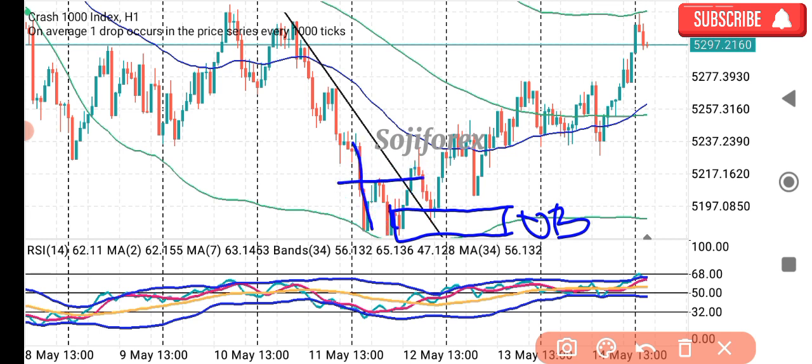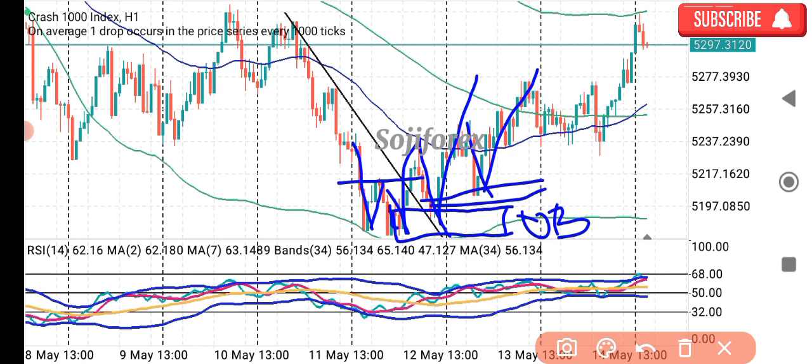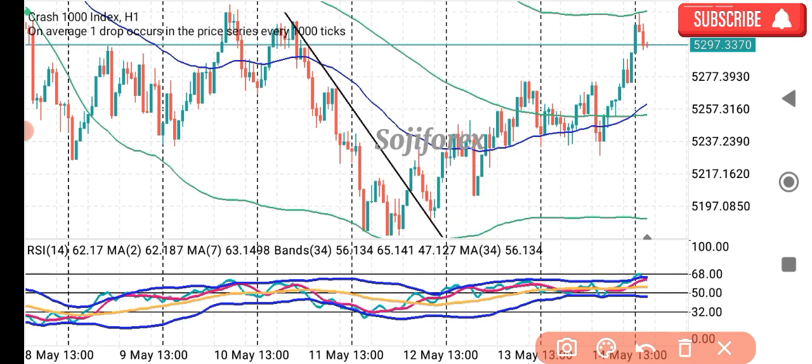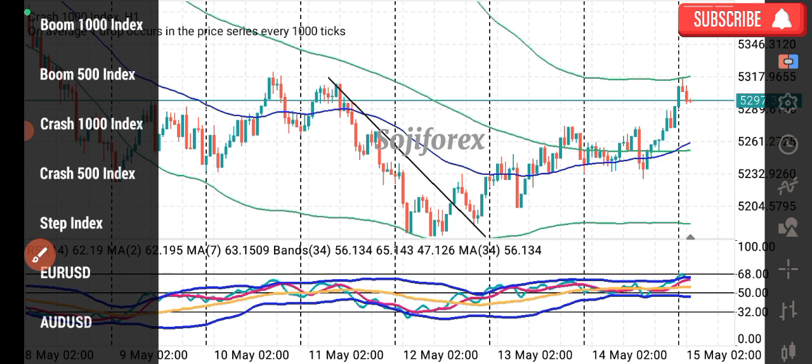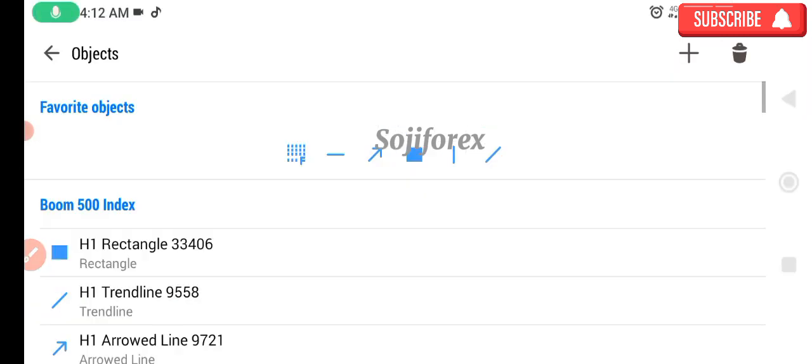Price came down, came here, broke structure, and price pulled back into our order block and it moved to the upside. See the new order block, price came into it and it moved to the upside. So the patterns continue, and you can see that the price is playing out beautifully as it ought to be.